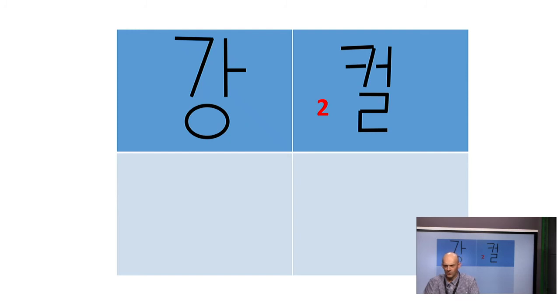Kol. It's one stroke. So in the reel, 3 strokes.